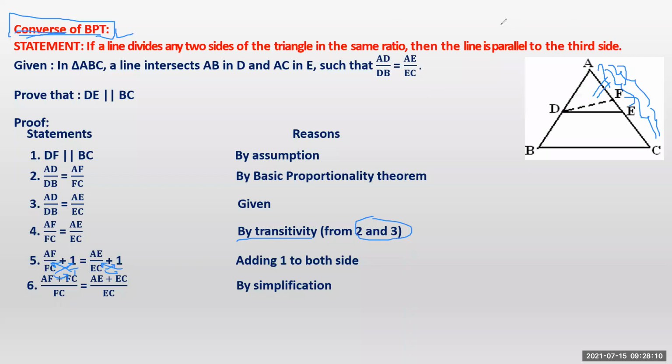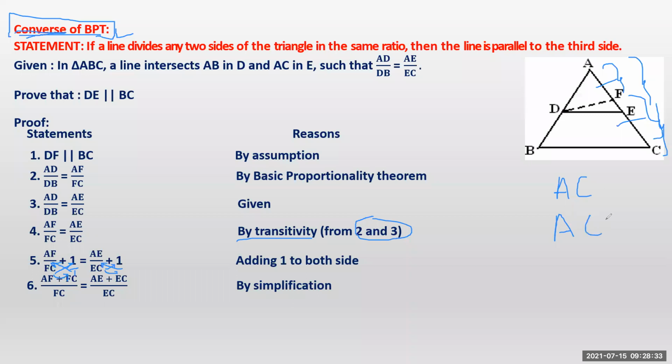So by simplification, if you look in the figure, check: AF plus FC is what? AC. And what is AE plus EC?